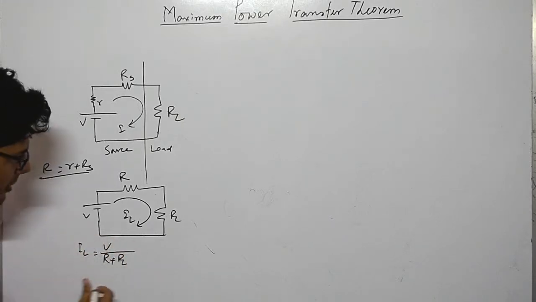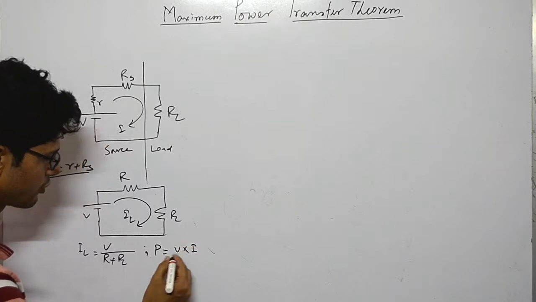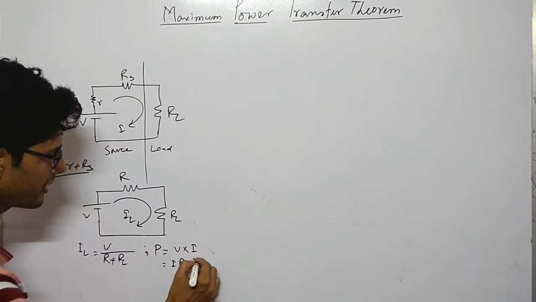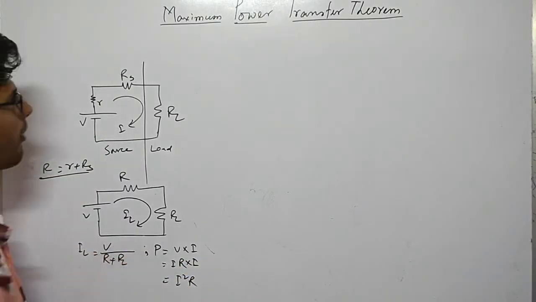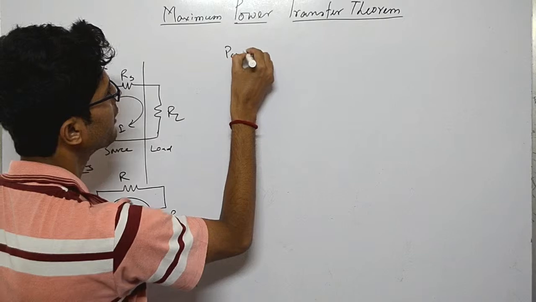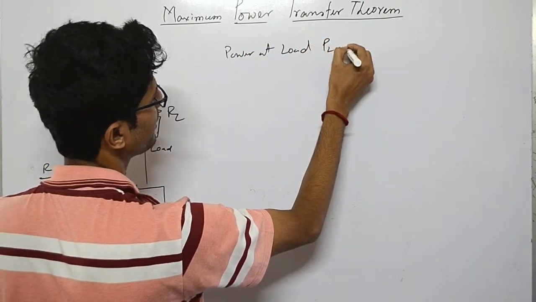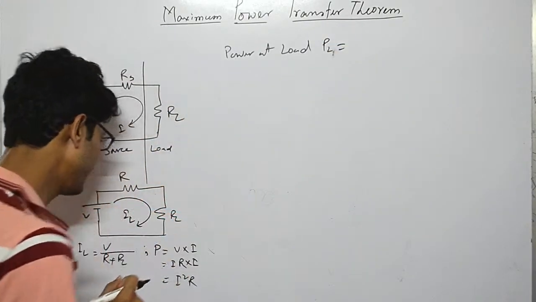When considering the power, we know that P equals V into I. Putting V as I into R, it becomes I square R. For the power at the load, first of all you have to understand the value of PL.